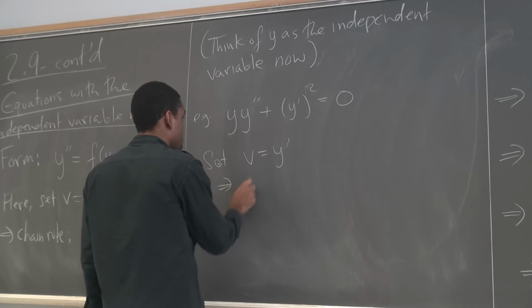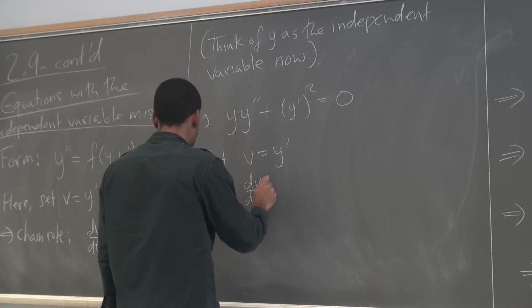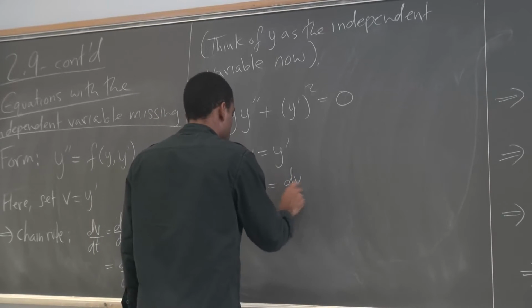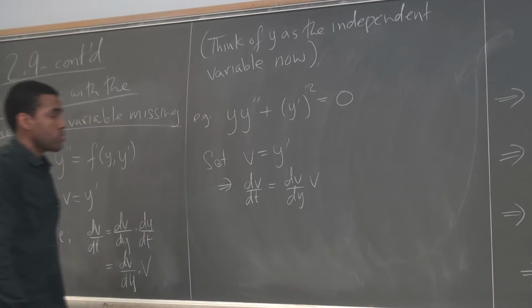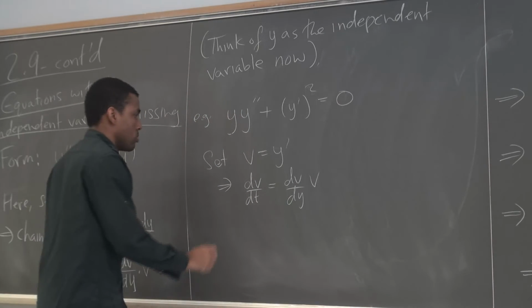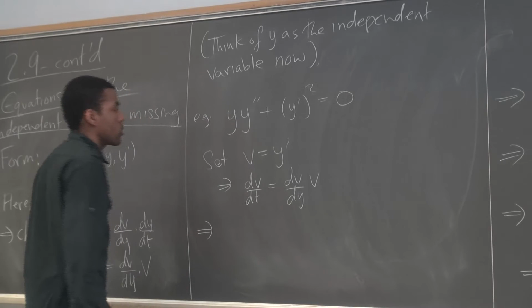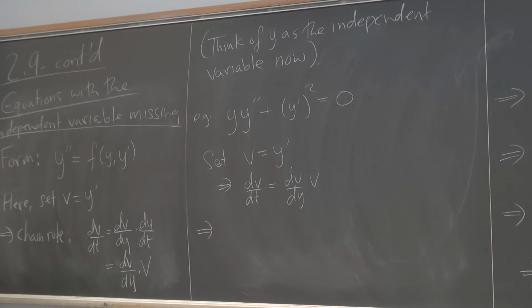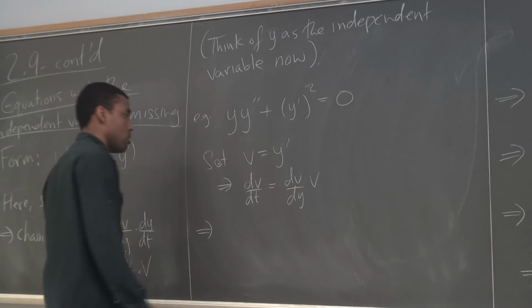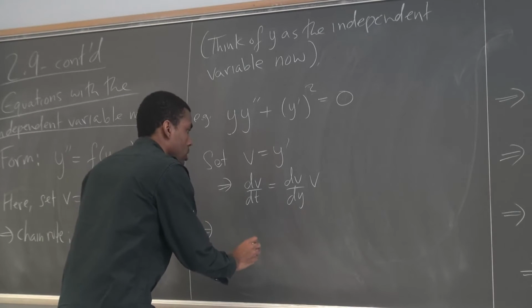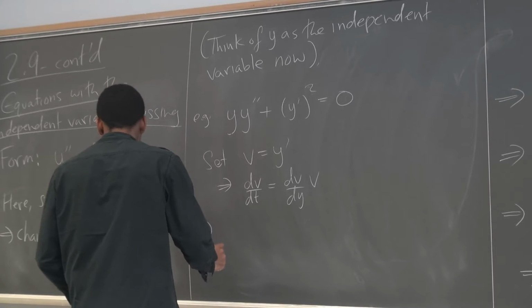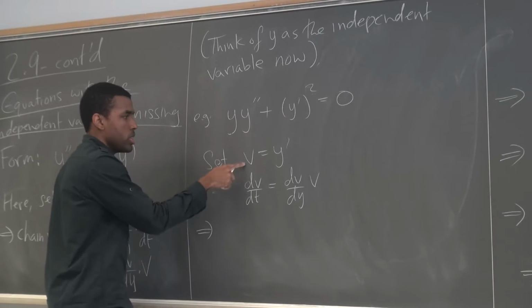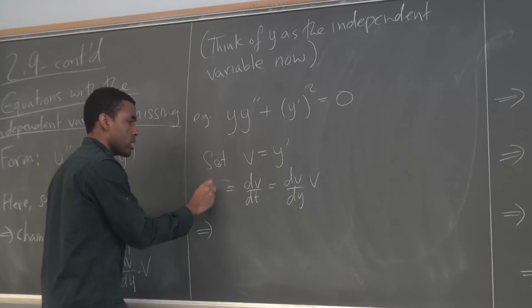This means you can have dv dt equals dv dy times v. This implies you can just start plugging this in. By the way, if v is y prime, dv dt is actually y double prime.